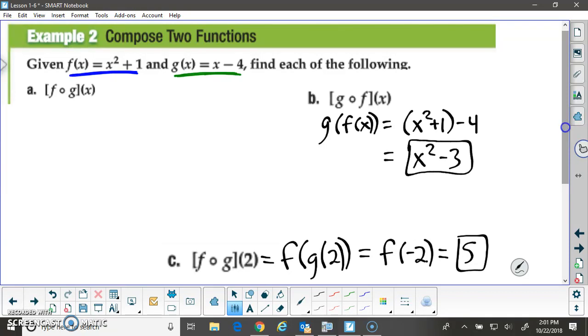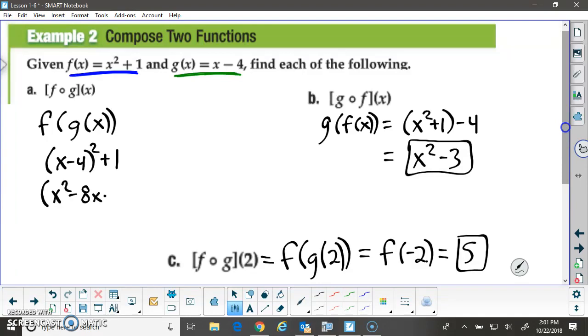Then part A, what they're asking for is find what you get when you take g of x and put it inside f of x. It would look like this. We'd have to simplify that by squaring the x minus 4, and then simplify into x squared minus 8x plus 17. So this is called composites.